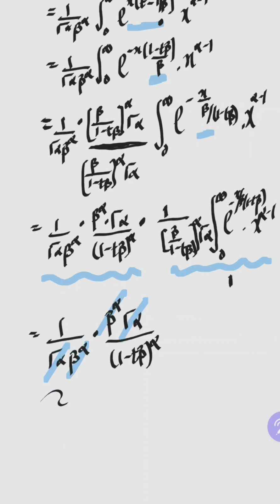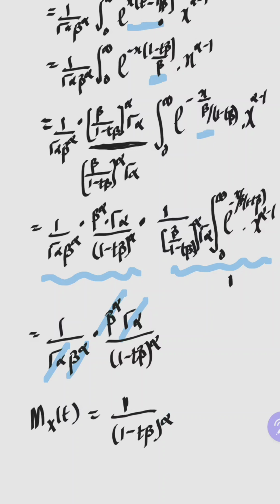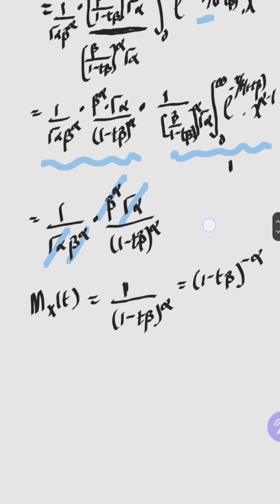So finally, my M_X(t), which is the MGF of the gamma distribution, is going to be 1 divided by 1 minus t beta to the power of alpha. Or you can say that (1 minus t beta) to the power of negative alpha. This is the MGF of the gamma distribution.